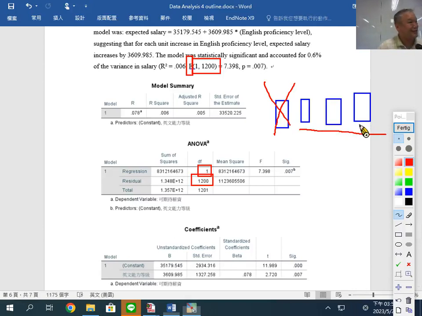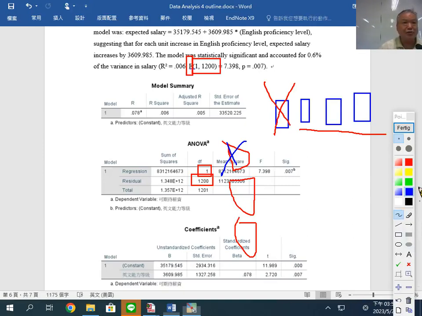So this is degree of freedom. That's it. So it's always minus 1. But if there are a lot, such as in a cross tabulation, if we have 4 columns and 3 rows, then we control 1 in each, so the degree of freedom for the cross tabulation is 3 times 2, equal to 6. That's it.